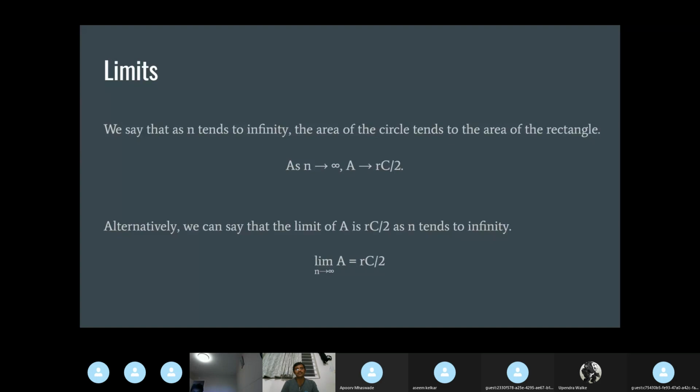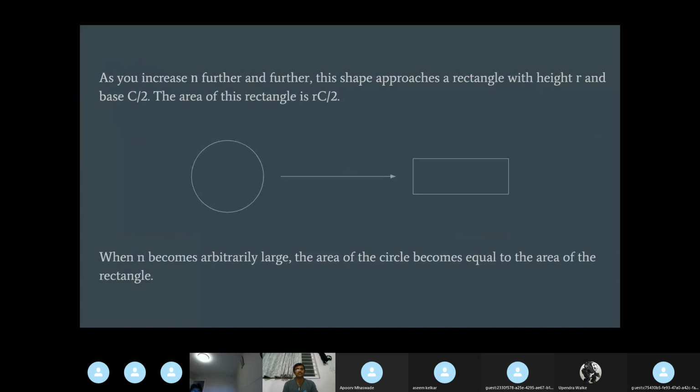If you remember, we found the area of the circle by increasing the number of sectors until it approached a rectangle, and we know how to find the area of a rectangle.